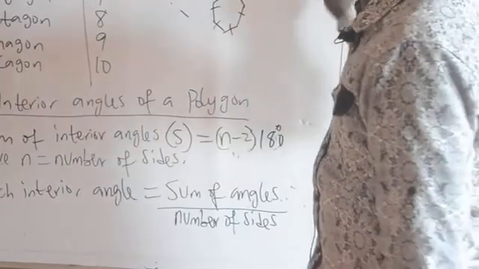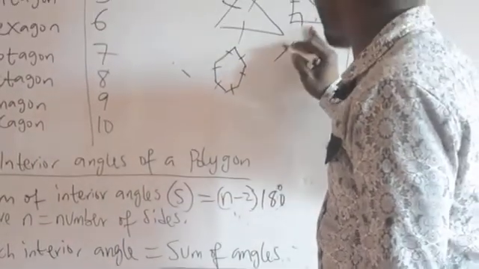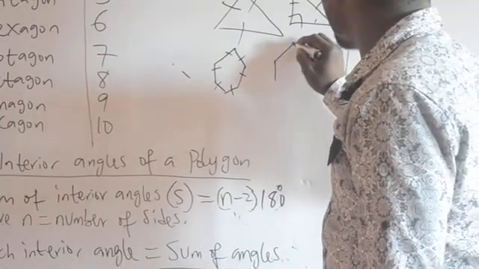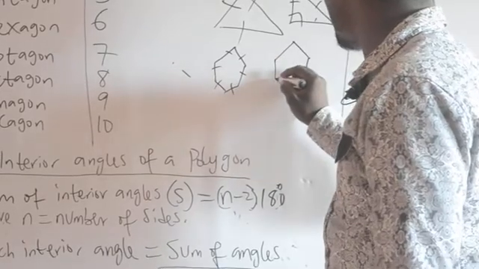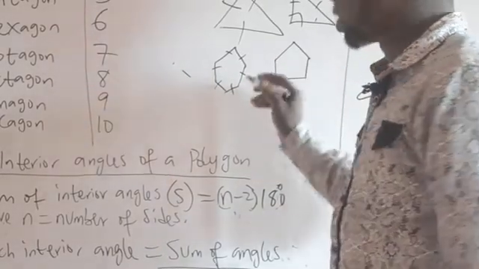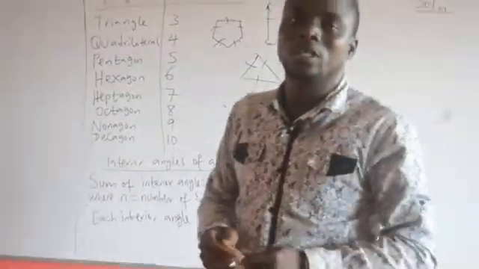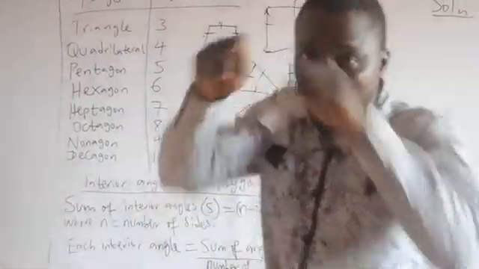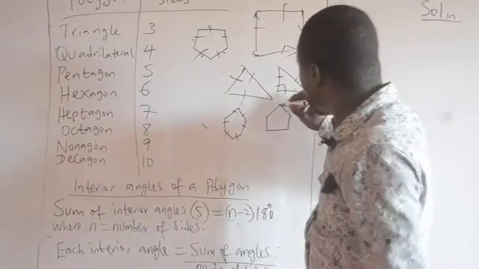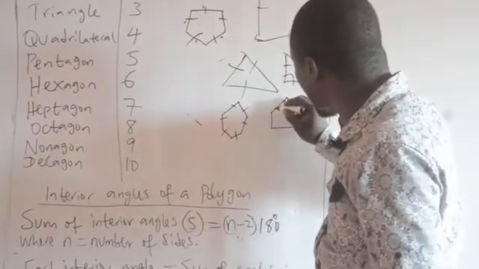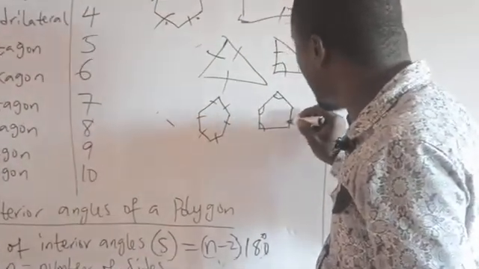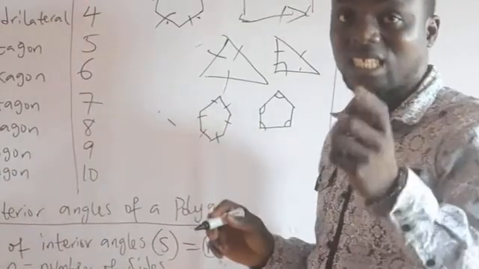Let me draw another figure. Let's use a pentagon for instance. Let's look at the interior angle. The interior angle means the angles inside the polygon. So here we have one angle here, another angle here, another angle here. An angle is formed between two intersecting straight lines.